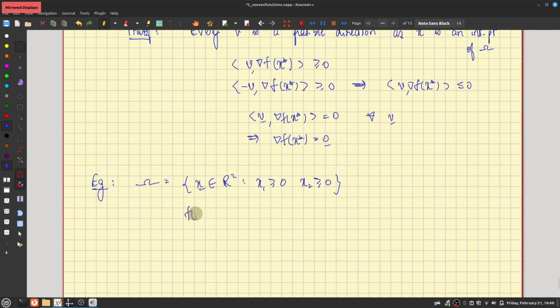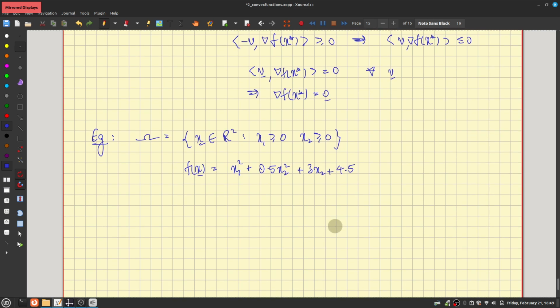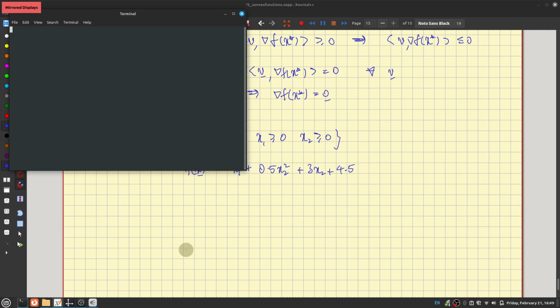And my function f of x is equal to, say, x1 square plus 0.5 x2 square plus 3x2 plus 4.5. It's some polynomial in two variables. We can just have a quick look, see what this is.